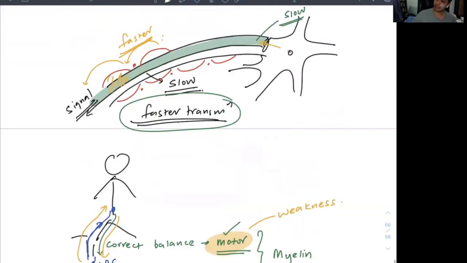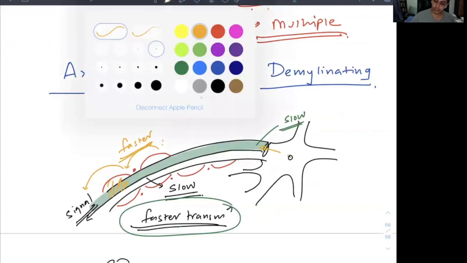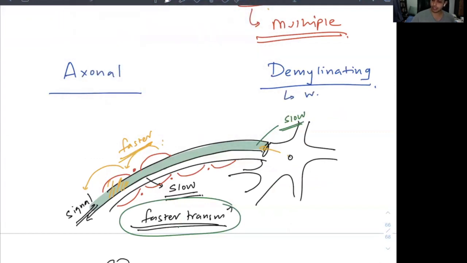So in a demyelinating condition, you will have weakness, quite severe weakness, and you will have areflexia.